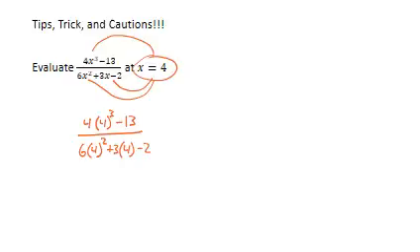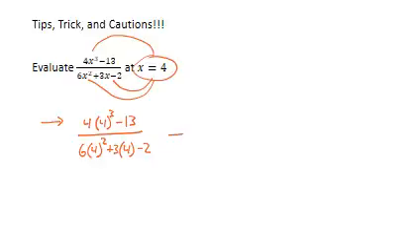Again, I'm only going to focus on the top. I'm going to type it in exactly as I see it written here, with the parentheses. So 4, open parenthesis, 4, close parenthesis, to the third power minus 13.